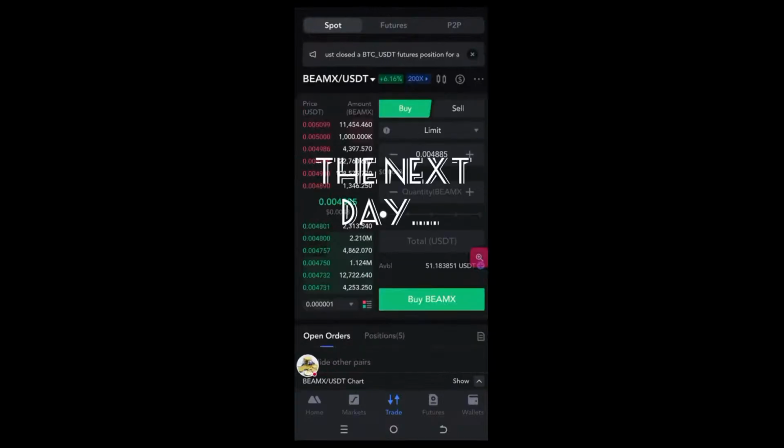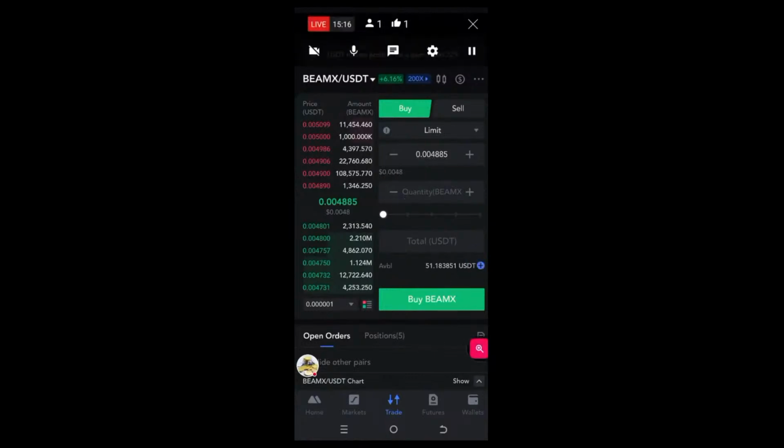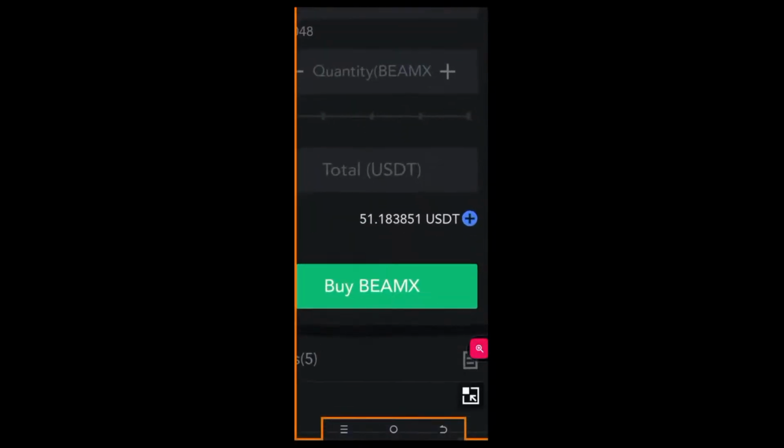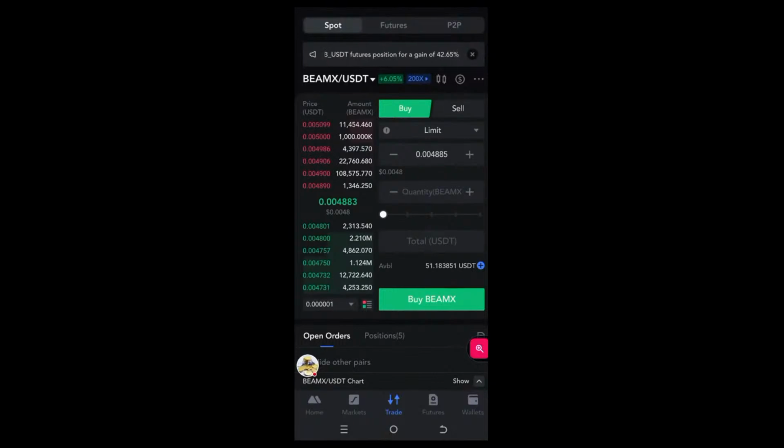And as you can see, BeamX has already executed. Right? See that? We got $1.18. And the beautiful thing about Mexi is that no trading fees. You don't pay any trading fees for now. Maybe later on, but for now, whatever you put in your spot is what you get. So here it is. We have $1.18, and that is 2.36%.